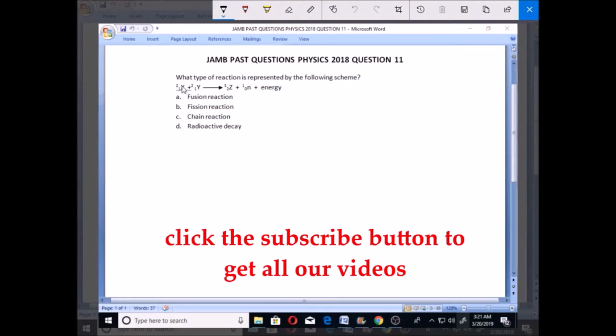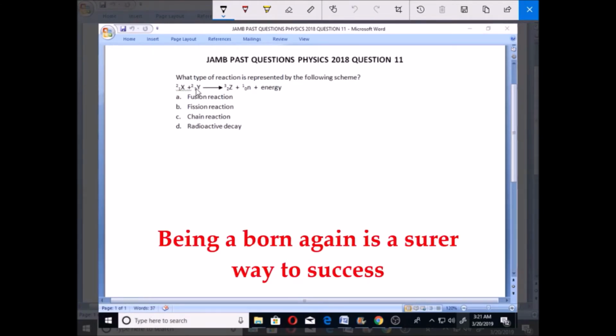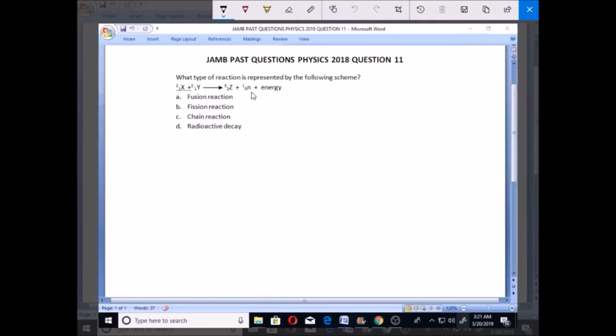We have nucleus X, superscript 2, subscript 1, plus nucleus Y, superscript 2, subscript 1, to form nucleus Z with superscript 3, subscript 2, plus a neutron, superscript 1, subscript 0, plus energy. The options are A, fission reaction, B, fusion reaction, C, chain reaction, D, radioactive decay.